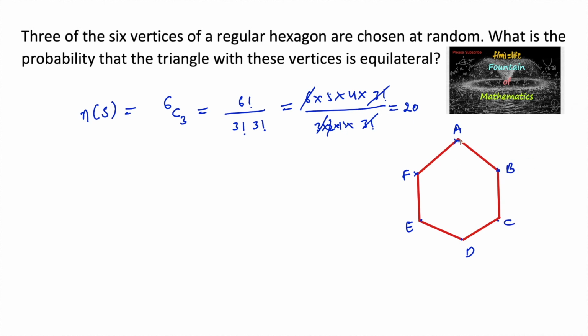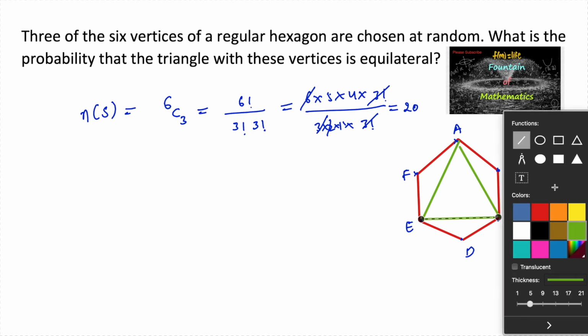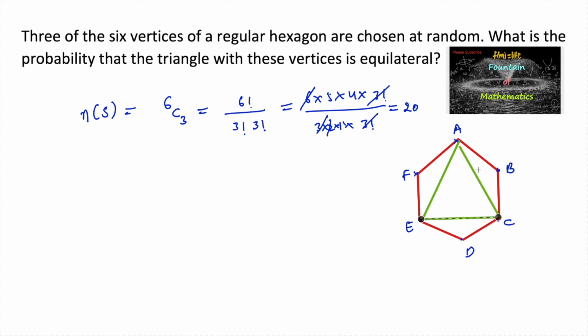suppose a triangle is formed by joining AE, AC and then EC, then it will be an equilateral triangle. And one more we can consider from the vertex B, joining BF, then BD, and then FD, so we will get one more equilateral triangle.